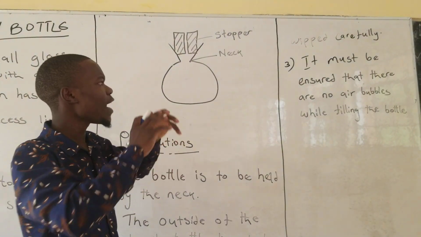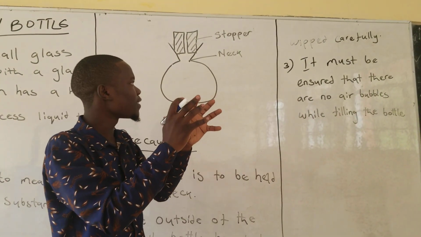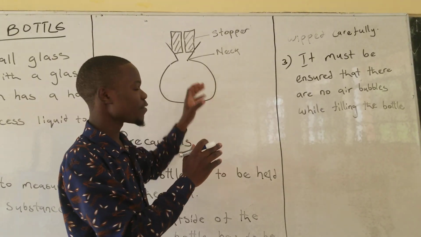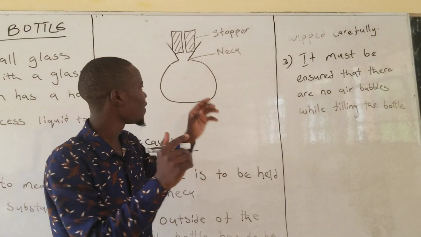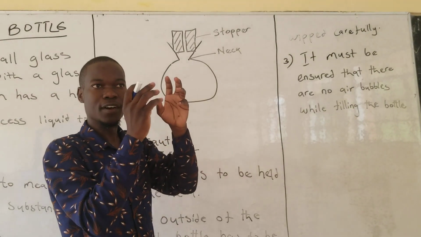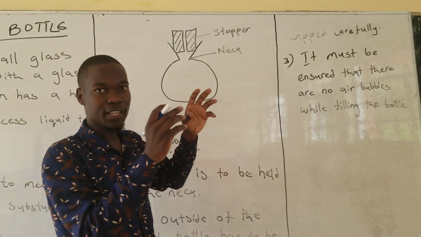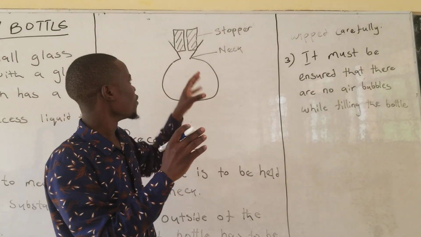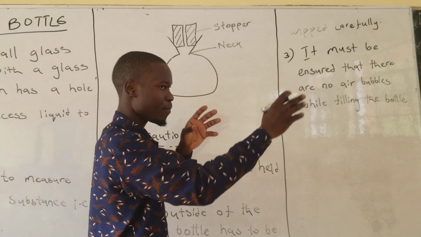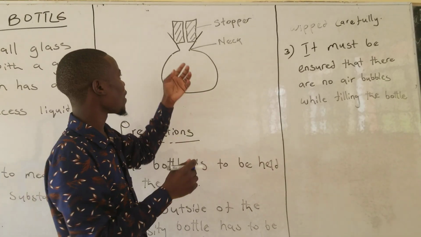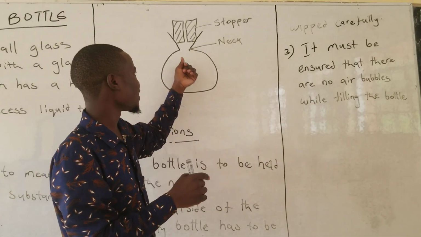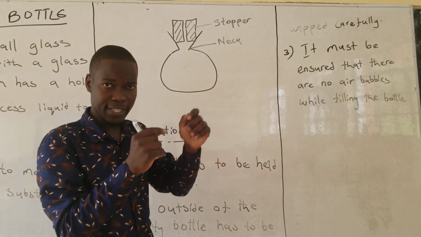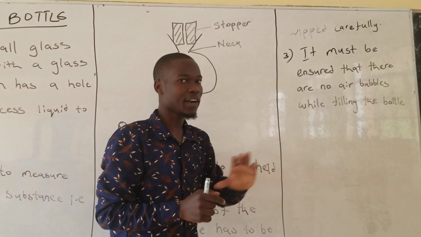Because the amount of matter that the air bubbles have is so different from the amount of matter that the liquid could have, while they occupy the same space. So the amount of matter in the air bubble is going to be different from the amount of matter in the liquid, and therefore this will lead to us getting a wrong mass.